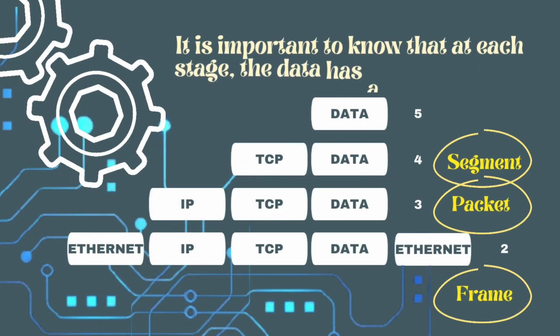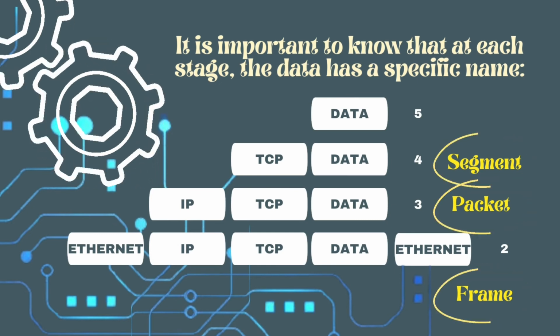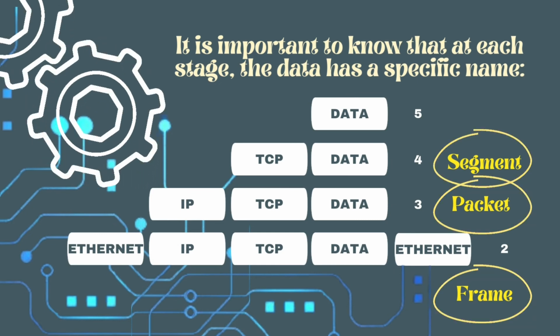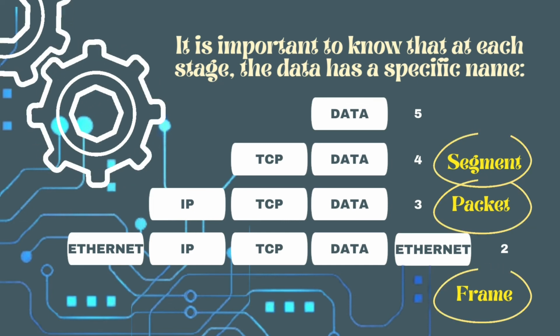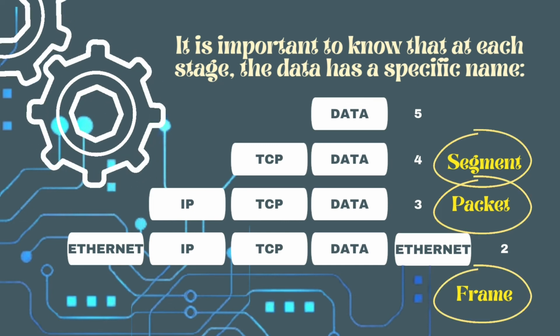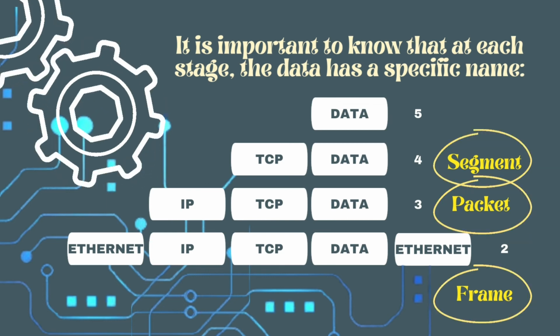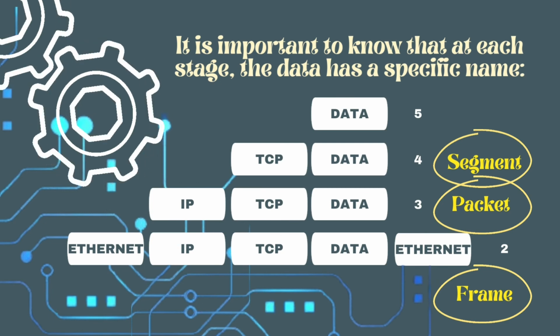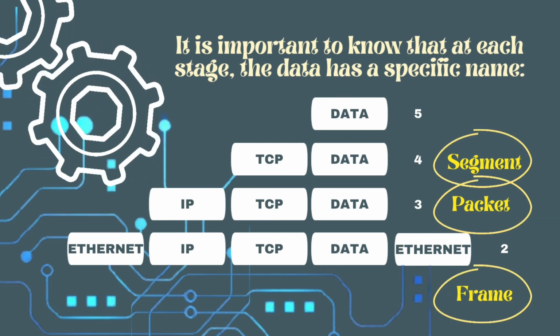It is important to know that at each stage, the data has a specific name. As said a while ago, once the transport information has been added, the data is now called a segment. Once the network layer adds its information, it makes the segment a packet. And finally, once the data link adds its information, the packet becomes a frame.